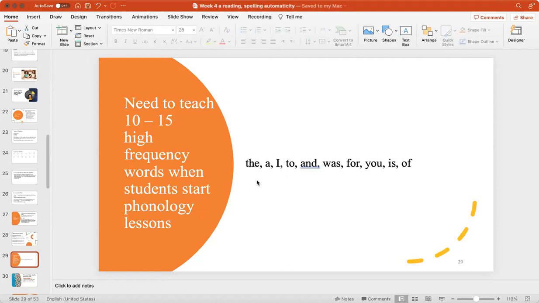Is that a sound? Yeah, it sounds like a U, but it's exactly, an E in the word. So I would teach that, just like I just did with Jose, how many sounds are in it. I put a line for each sound and then what letters map onto that and which one doesn't play fair.